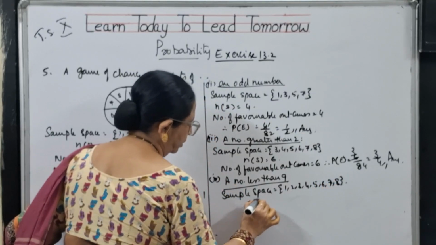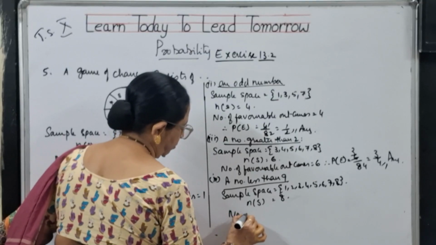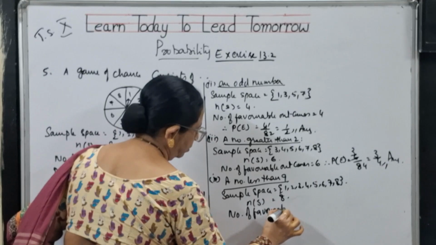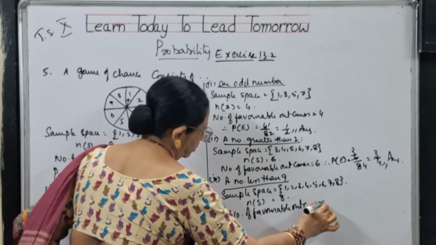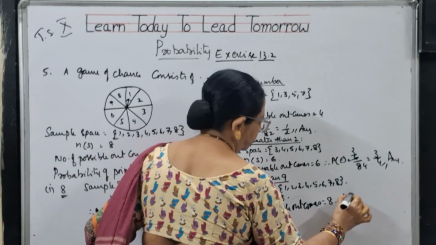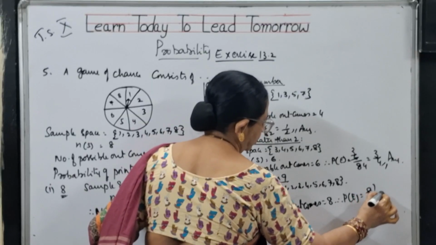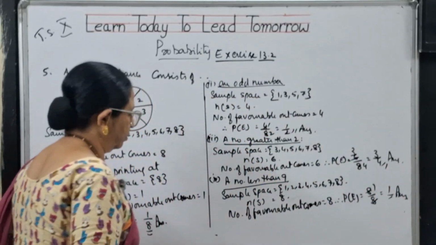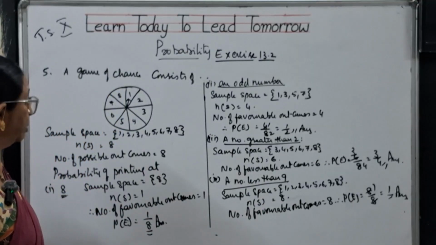So n of S is equal to 8. Number of favorable outcomes is equal to 8. Therefore, P of E is equal to 8 by 8. 1 is the answer. So, these are the solutions for this problem, children.